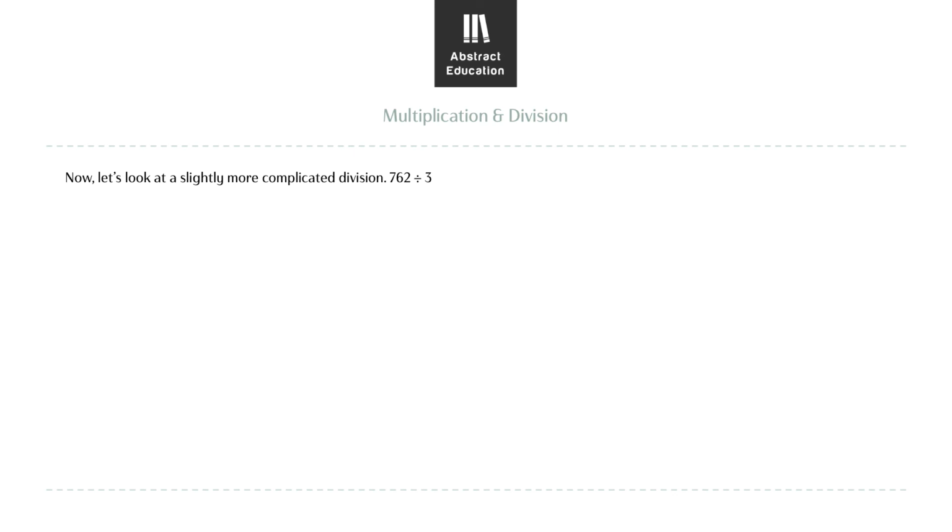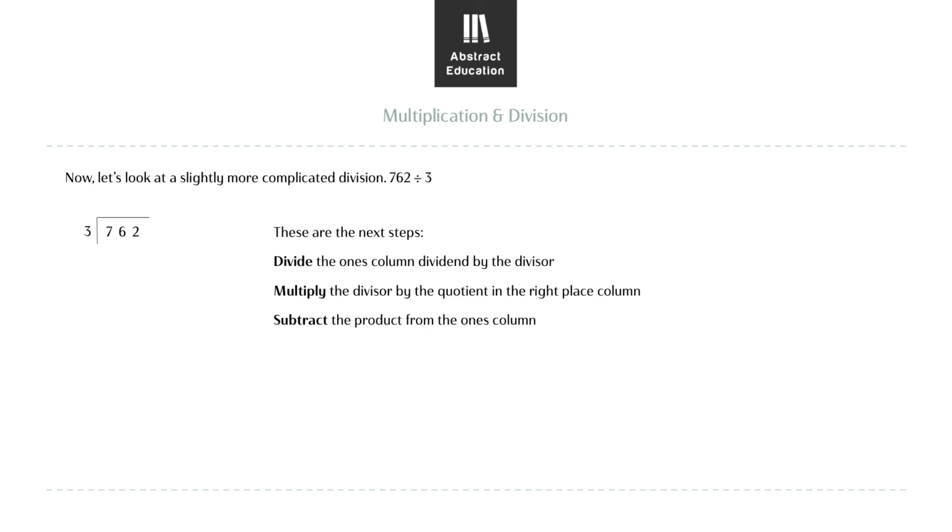Now let's look at a slightly more complicated calculation which we will carry out long division for. 762 divided by 3. The steps you must remember when carrying out long division are: the first step is to see how many times 3 will go into 7.